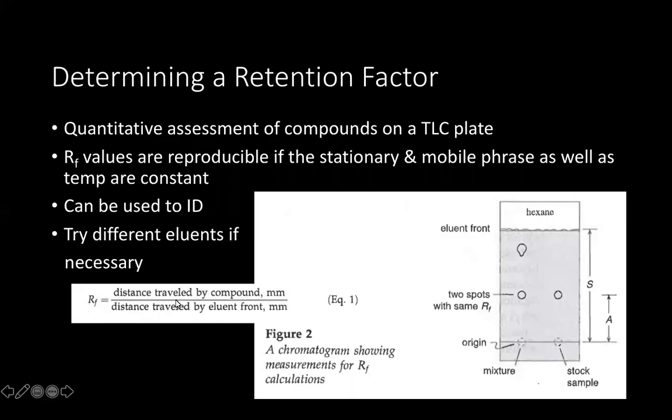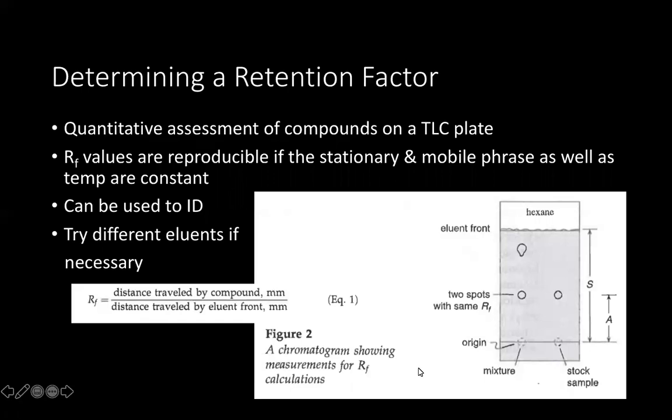I've included an equation on the slide. The retention factor is equal to the distance traveled by a specific compound divided by the distance traveled by the eluent front. Here they've used millimeters for each of these. It doesn't really matter what units you measure in, because the units should be the same above and below and thus cancel out.